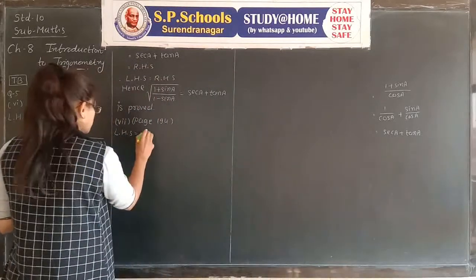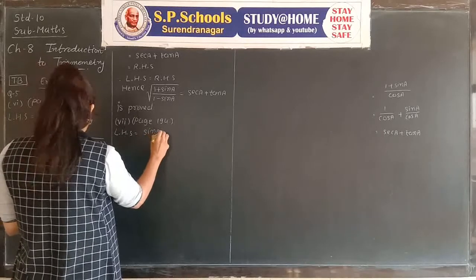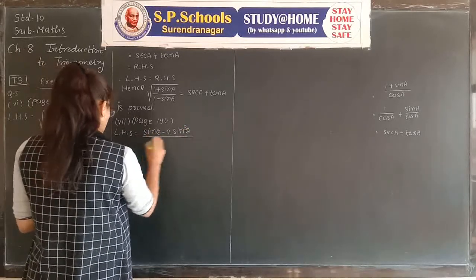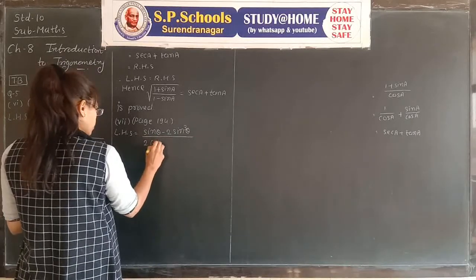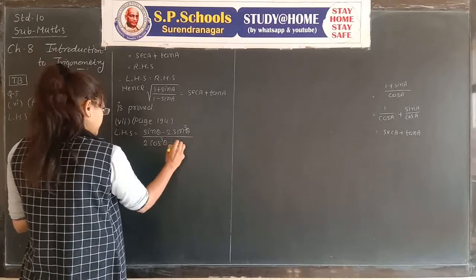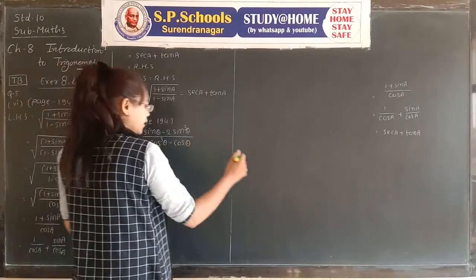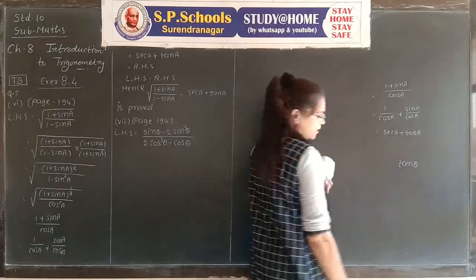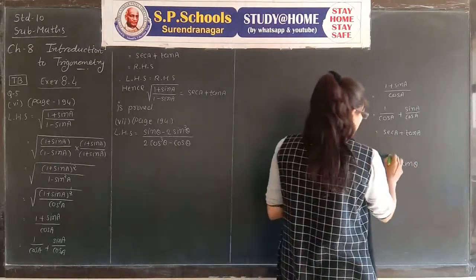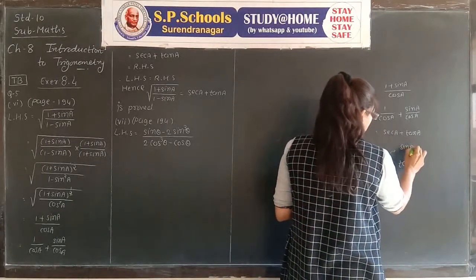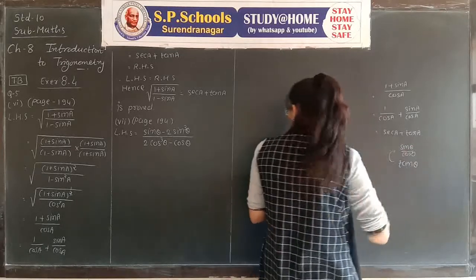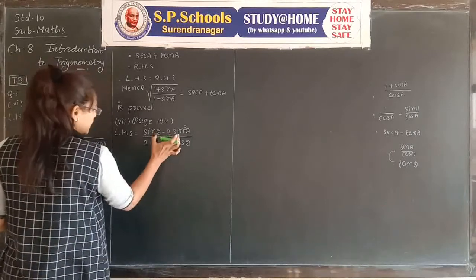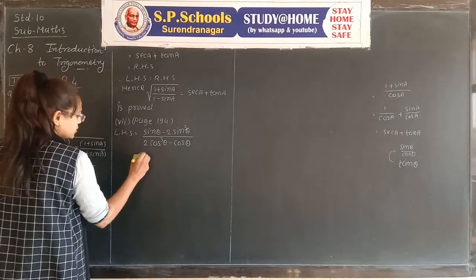Our left hand side is sin theta minus 2 sin cube theta upon 2 cos cube theta minus cos theta, and we require only tan theta on the right hand side. As we know, tan theta is equal to sin theta upon cos theta. The left hand side is already in the form of sin and cos. See the numerator. Take sin common from both the terms.